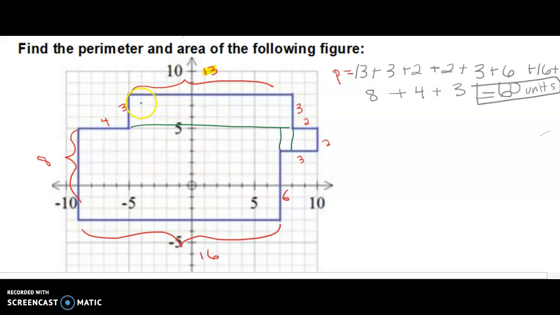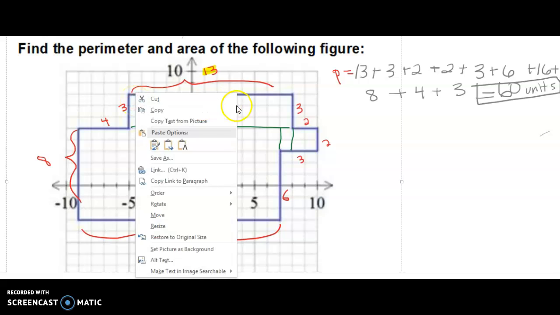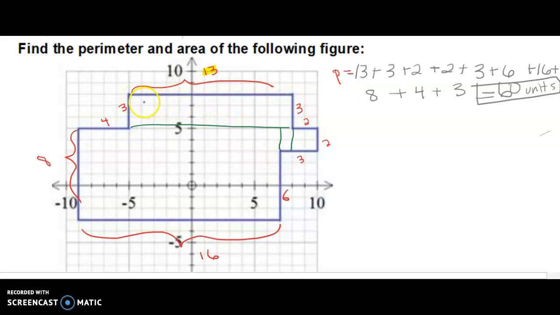All right, so let's do this. The area of this rectangle at top, remember length times width? 3 times 13, so 3 is here, 13 across the top, and that is 39 units squared.